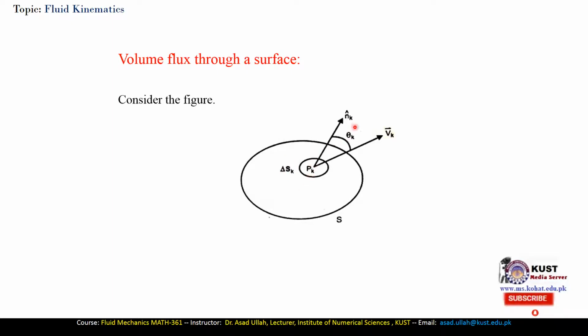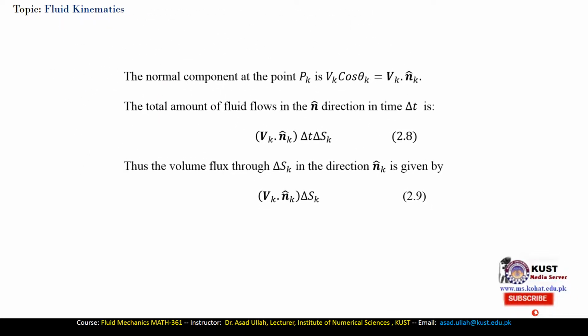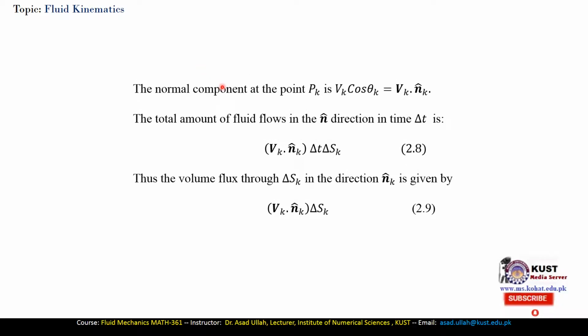Now, let Nk be the unit normal on the surface del Sk at the point Pk that moves with the velocity Vk, and let theta k be the angle between the unit normal and the velocity vector V. Now to find the normal component at the point Pk, we use the basic dot product of the unit normal vector and the velocity vector Vk, which is equal to Vk cos theta k.